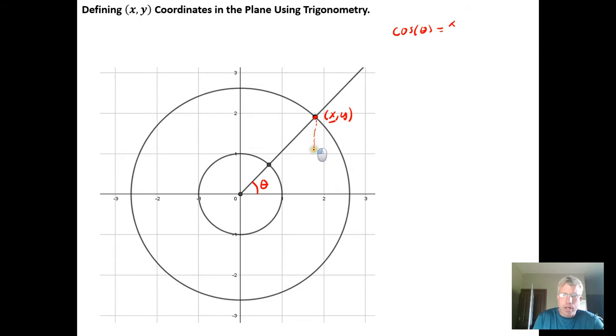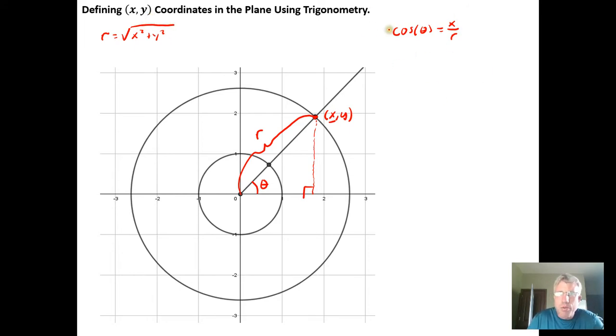We construct a right triangle and then the x-coordinate is the numerator, and then we're supposed to divide by the radius, where the radius is the length of the line segment from the origin to the point x, y. So this is the radius, and as we saw earlier, the radius is going to equal the square root of x squared plus y squared. That was just by the Pythagorean Theorem.